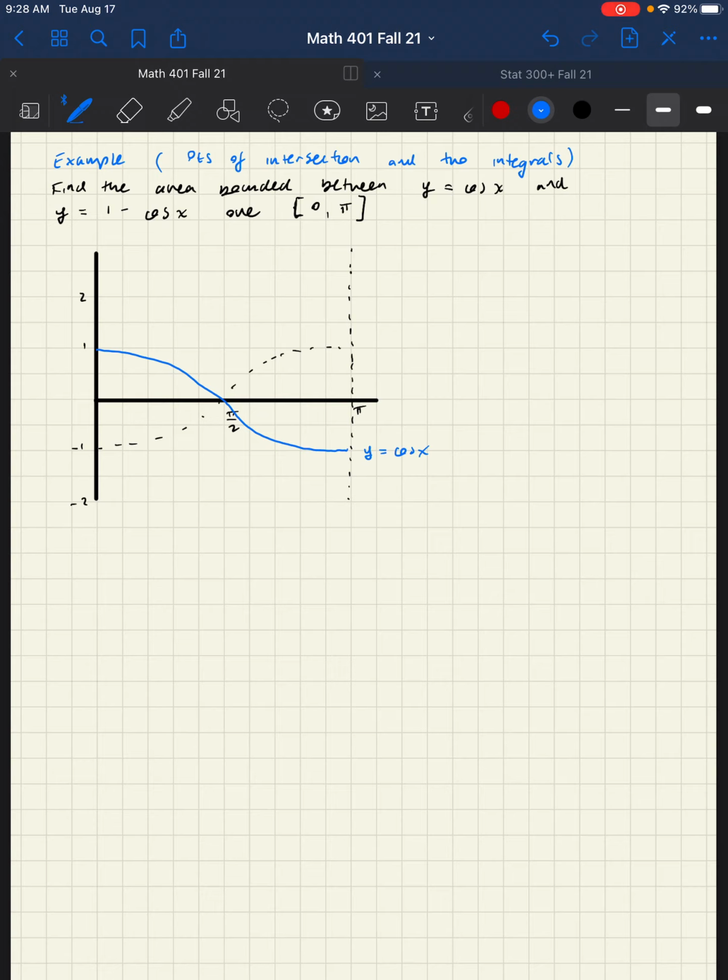But then if you move it up by 1, then it should look like this. Not the greatest graph in the world, but it'll do. All right, so now I can erase this.